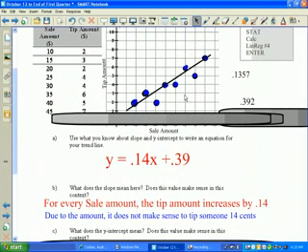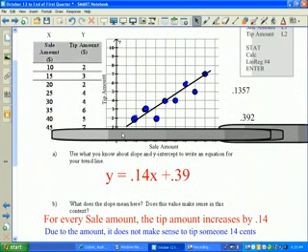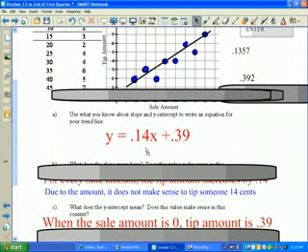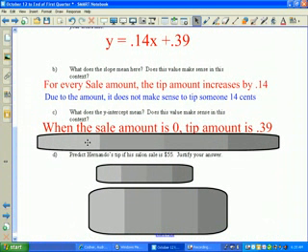So we're saying my y-intercept is when my sales amount is 0 and my tip amount is 39 cents. So for part C, what does that y-intercept mean? When the sales amount is 0, the tip amount is 39 cents. Or you can say the tip amount has a starting amount of 39 cents.